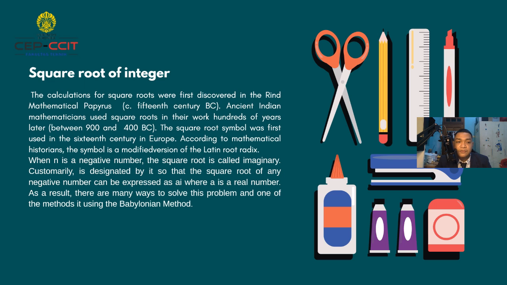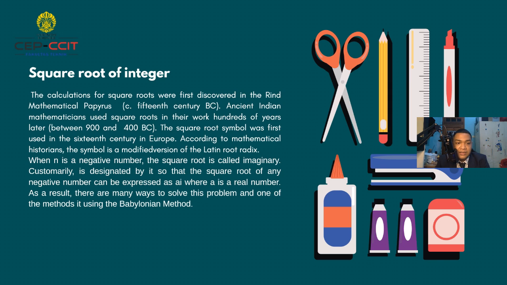The calculation for square roots was first discovered in the Rhind mathematical papyrus in c. 15th century BC. Ancient Indian mathematicians used square roots in their work hundreds of years later, between 900 and 400 BC. The square root symbol was first used in the 16th century in Europe. According to mathematical historians, the symbol is a modified version of the Latin root radix.